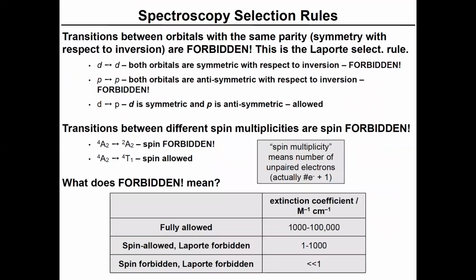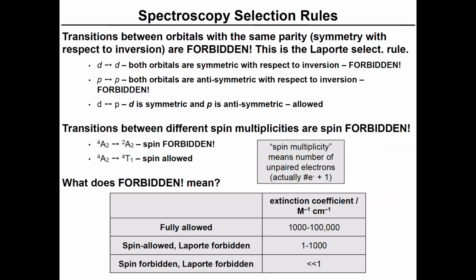So just to round out the discussion a little bit, to think about some of the fundamental selection rules inherent in transition metal complexes: transitions between orbitals with the same parity are forbidden.